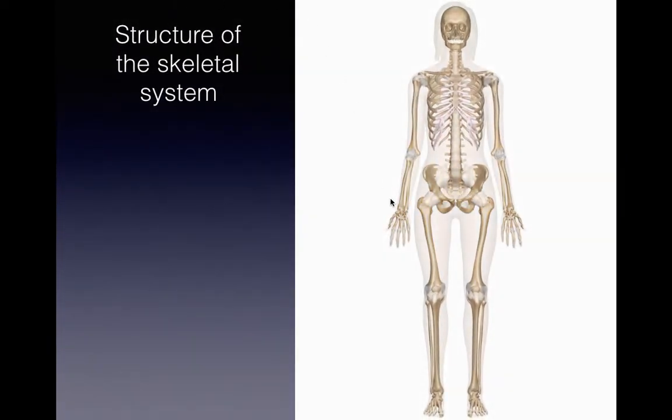So first up, you see an image here of the skeletal system. Now the skeletal system can be broken down into the axial skeleton and the appendicular skeleton. So the axial skeleton helps with protection. So you've got the cranium here protecting the brain, the vertebral column protecting the spinal cord, as well as the thoracic cavity, which makes up the ribs, and the sternum as well, which will be protecting the heart and the lungs.